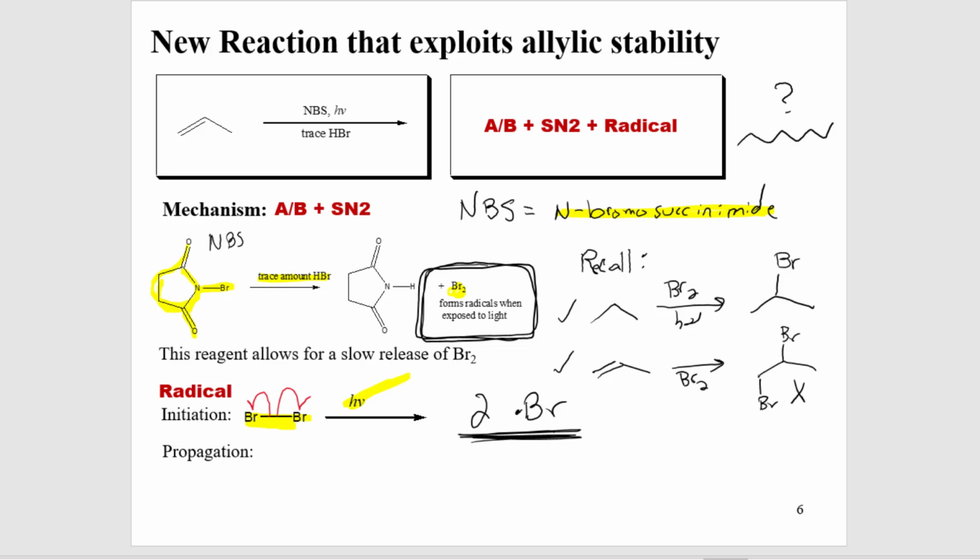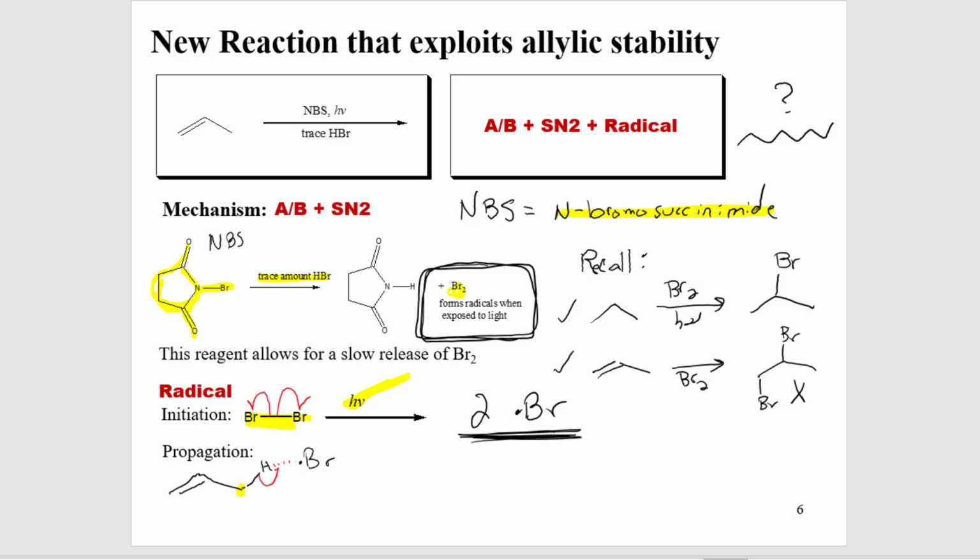There's no Br2 floating around, okay? So if you were to introduce a system that had a pi bond, the hydrogen that's the most susceptible to being abstracted by the bromine radical is the one at the allylic position because of its stability. So all the other positions are pretty much safe.